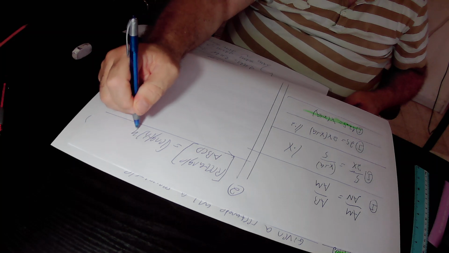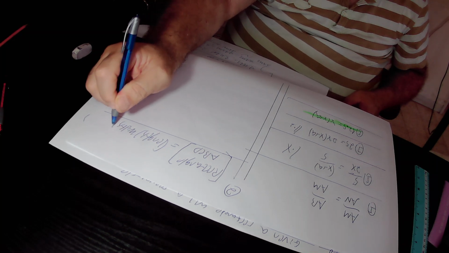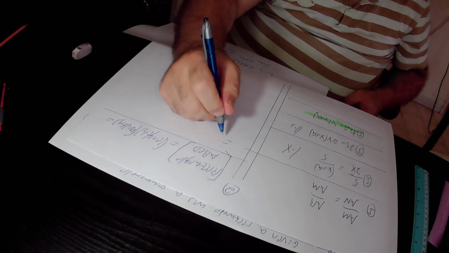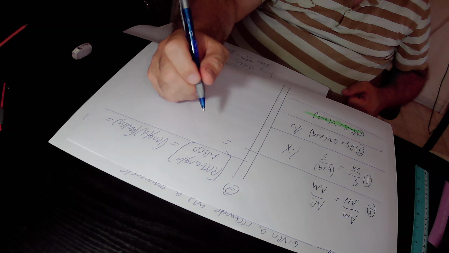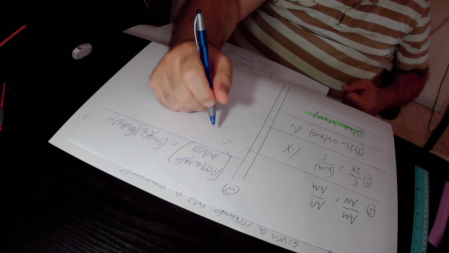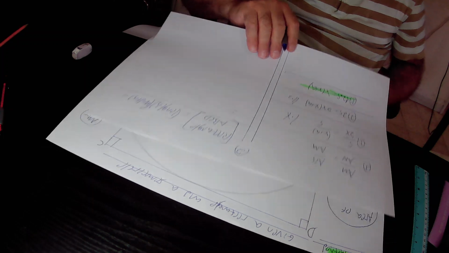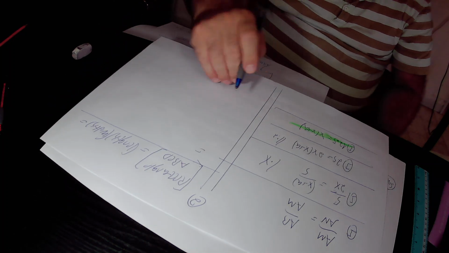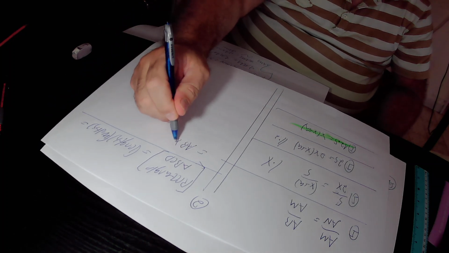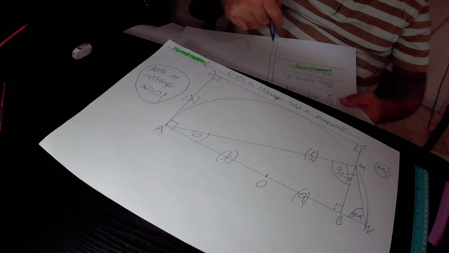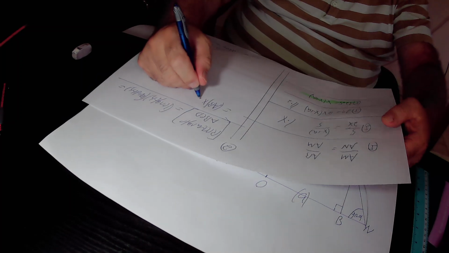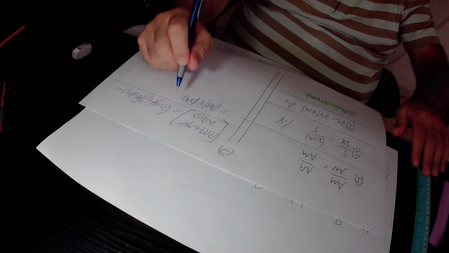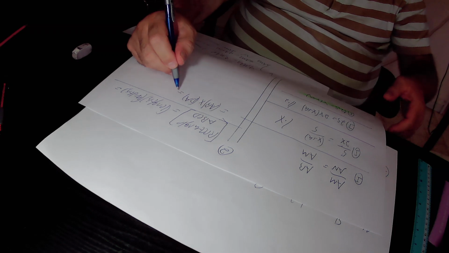Therefore, the area of rectangle ABCD must be equal to the length times the width. The length of this rectangle ABCD is AB, and the width is dA. So the area we're looking for equals AB times dA.